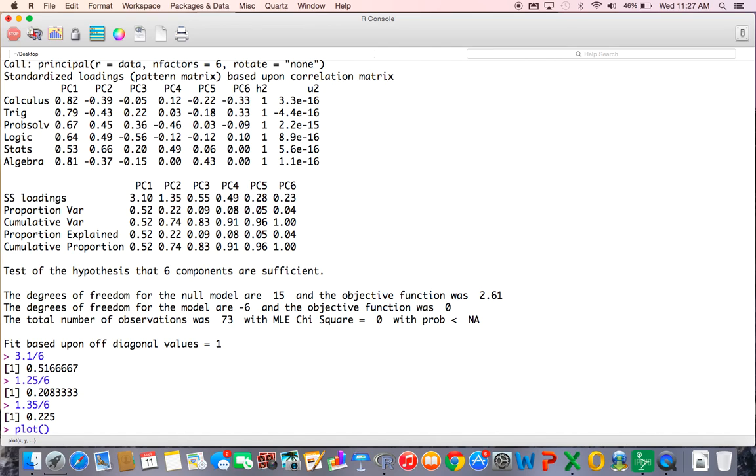And we get that by just running plot on my PCA values. And I want to run my type, first of all, as B. Now, these scree plots have the option of running the values by lines, points, or lines and points. So if you're running lines and points, which I'm going to do right here, you put a B for both, okay?